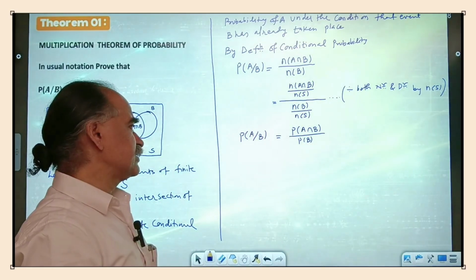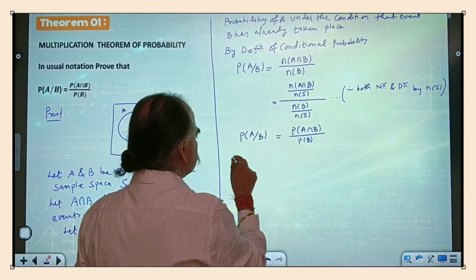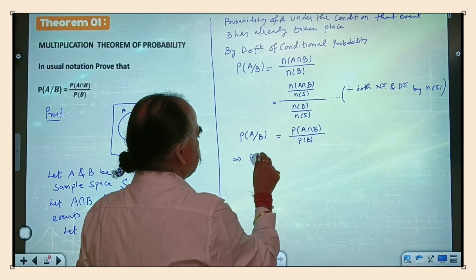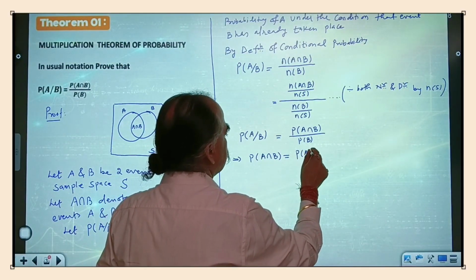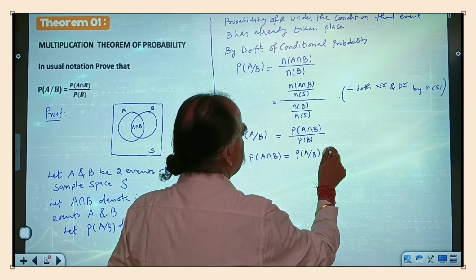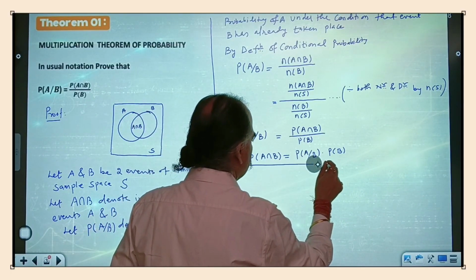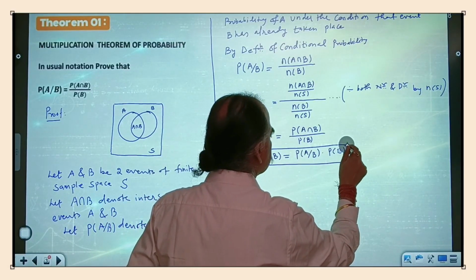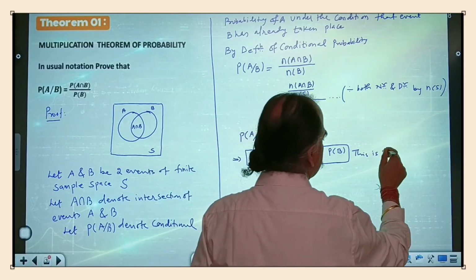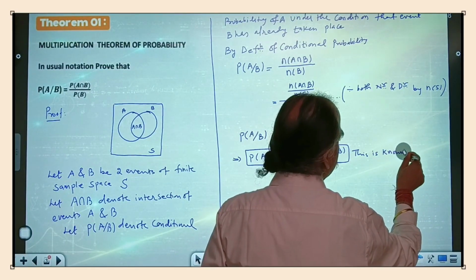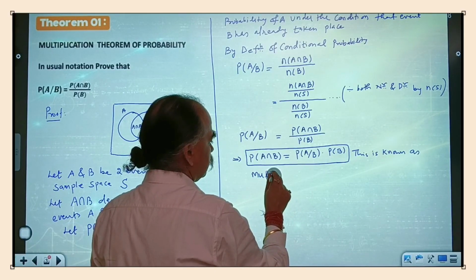Why is this called multiplication theorem? We will keep answering this form only. This is called multiplication theorem because P(A intersection B) will be what? P(A/B) into P(B). This is known as multiplication theorem of probability.